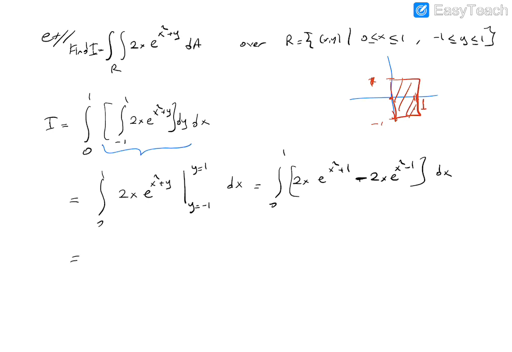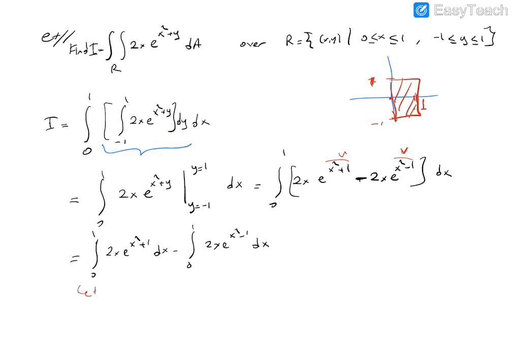So here, if you say x squared plus 1 is u and x squared minus 1 is v, we need two different substitutions. Actually, we have two integrals, 2x e to the power x squared plus 1 dx, minus from 0 to 1, 2x e to the power x squared minus 1 dx, okay?